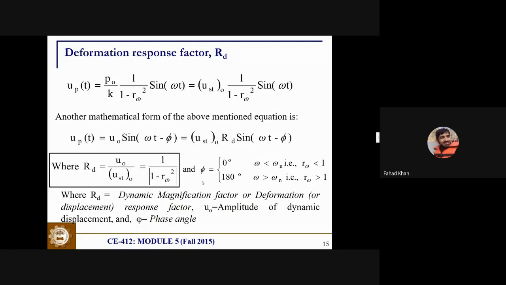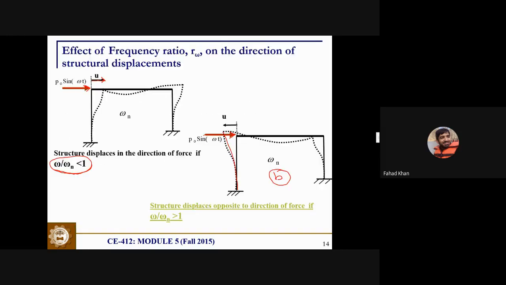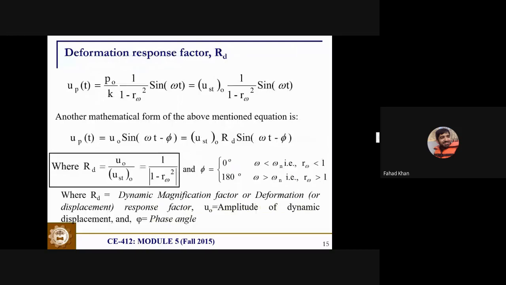Now, deformation response factor, or RD. So in our previous slide, we came up with this particular solution, and we will see its implications in a while. So P naught by K, 1 divided by 1 minus r omega square, sine omega t, and P naught by K, as we decided earlier, is going to represent the static displacement, and then the same formula again.